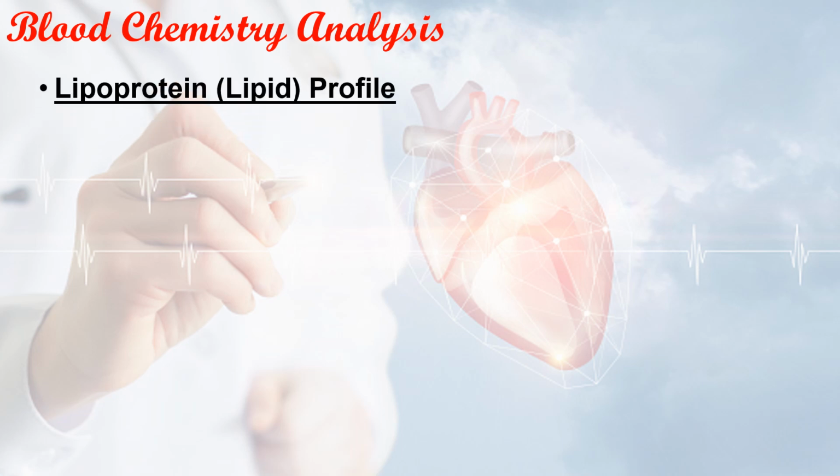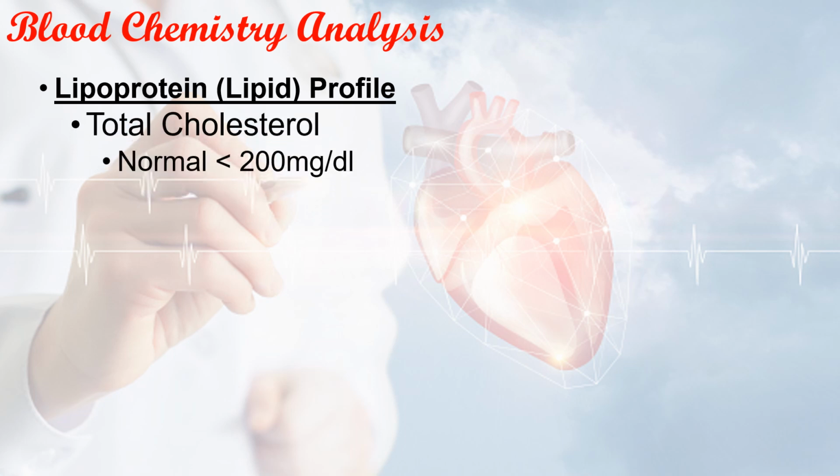Then the other thing is lipoprotein or lipid profile. As you know, lipid studies or cholesterol analysis are used to diagnose whether the patient has a risk for any cardiac disease. Total cholesterol is supposed to be less than 200, that is the normal range.